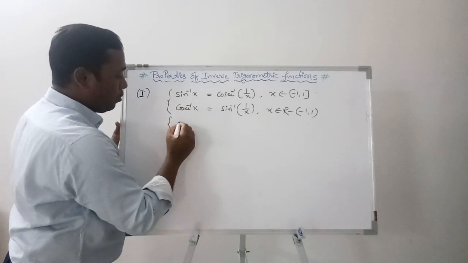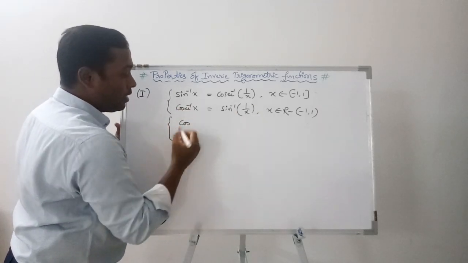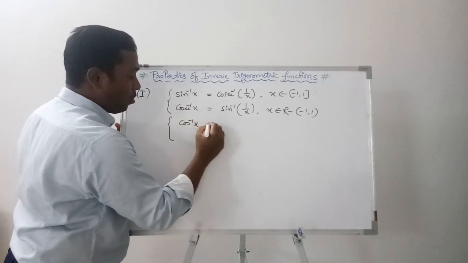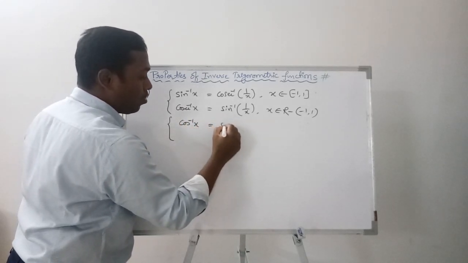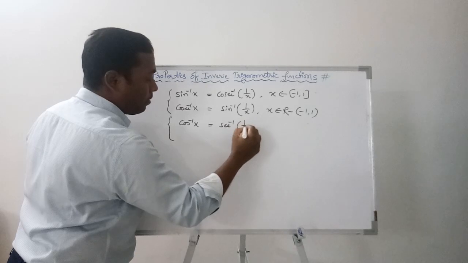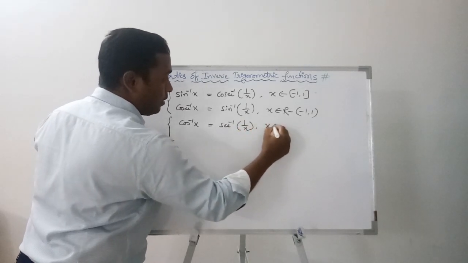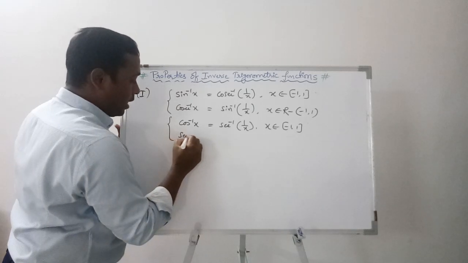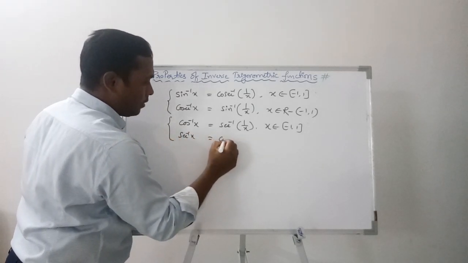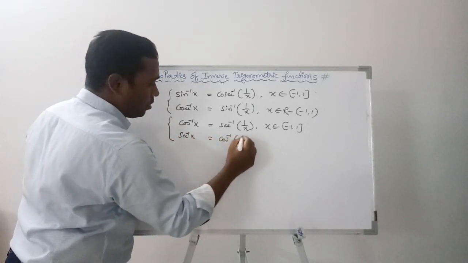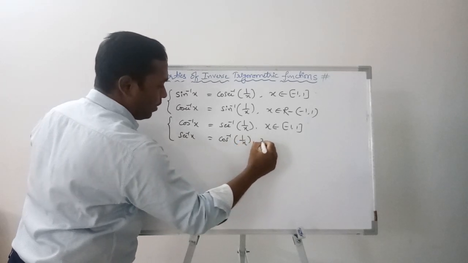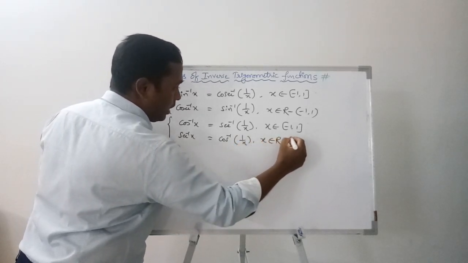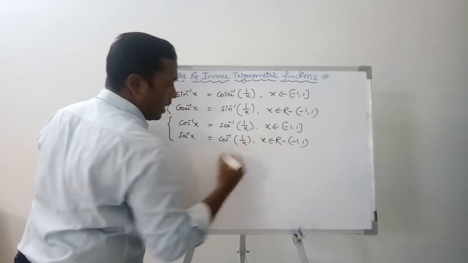In a similar manner, you can also say it for cos and sec. Cos inverse x is written as sec inverse of 1 by x, where x belongs to -1 to 1. Then sec inverse x can be written as cos inverse 1 by x, where x belongs to any real number except -1 to 1.